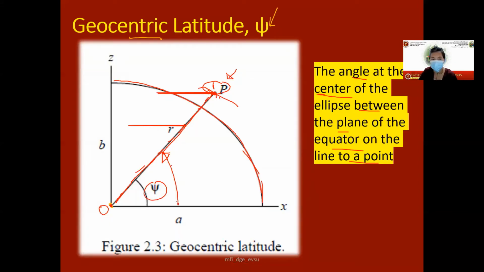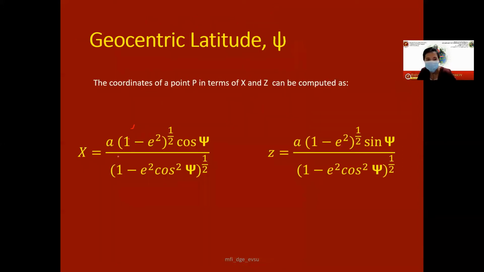Okay, by the way, let's discuss muna the formula before we proceed to the next latitude. So the formula for P here has the coordinates of X and Z. So X can be solved as: you have A, the semi-major axis of the ellipse, or the ellipsoid.